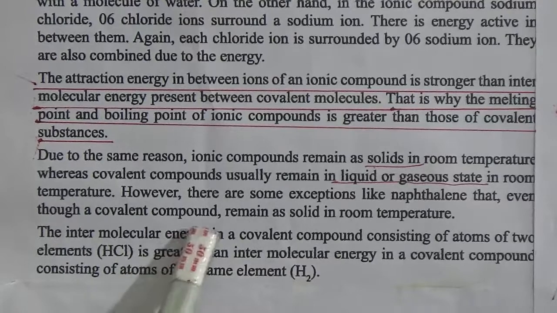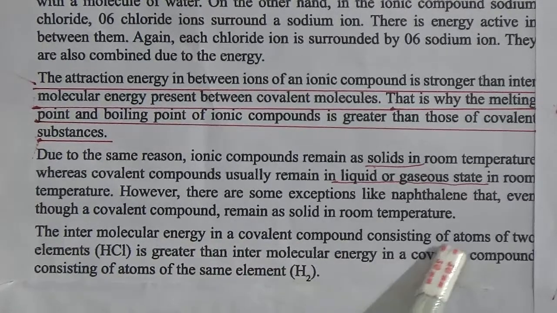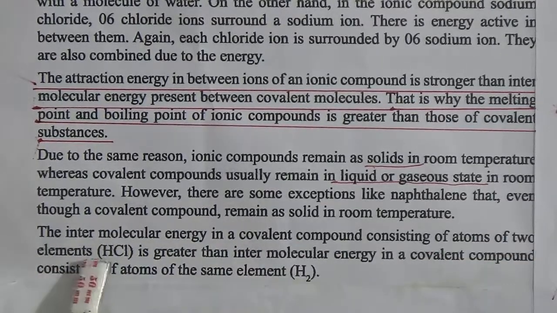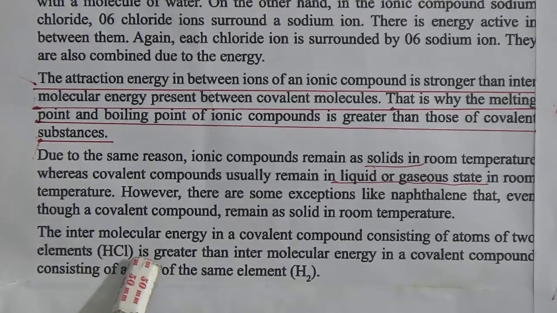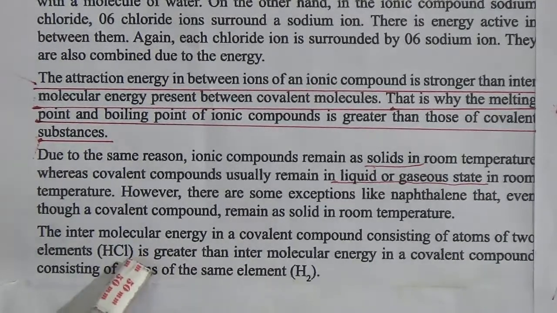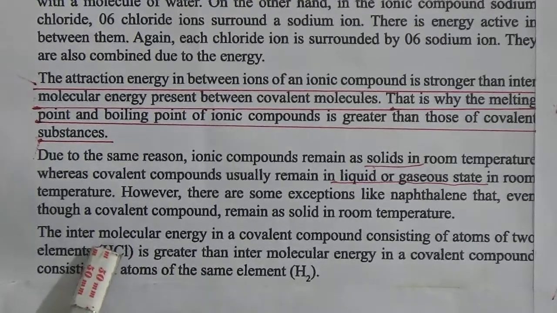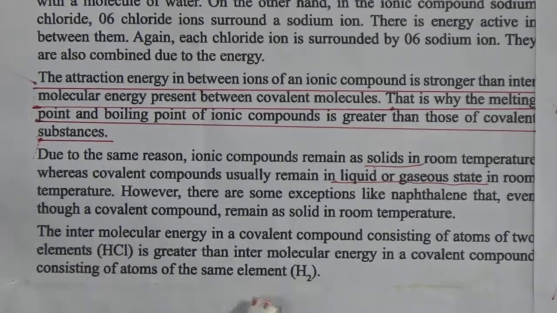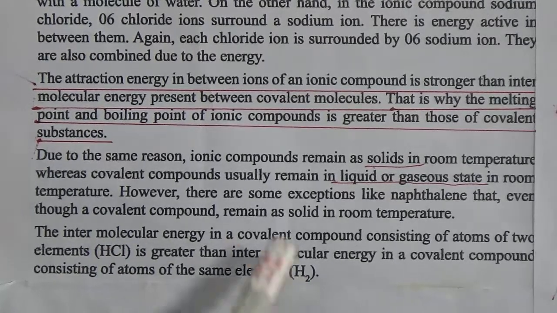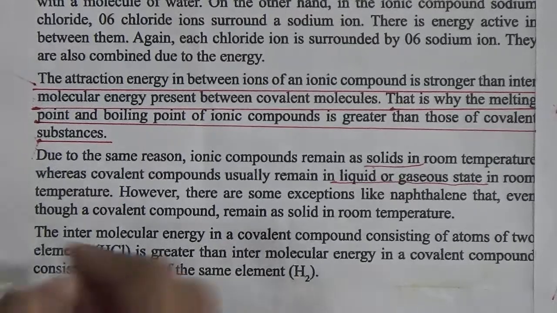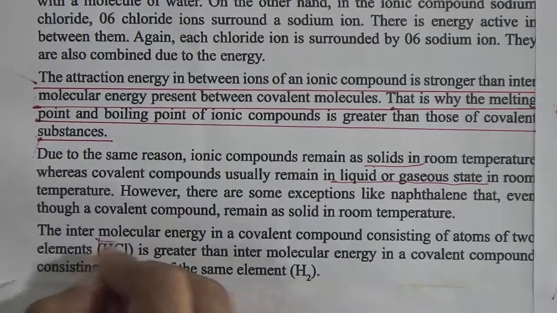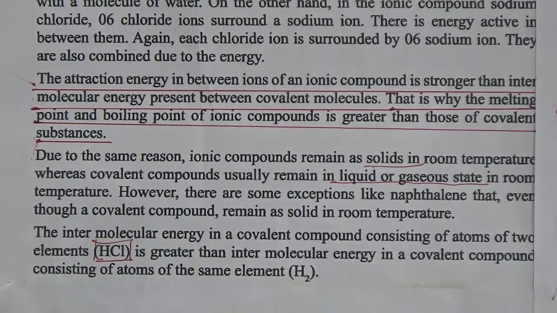Now consider intermolecular energy in a covalent compound consisting of atoms of two elements, hydrogen and chlorine. A covalent bond made between different types of elements is stronger than a covalent bond made between the same element. Hydrogen and chlorine are different atoms, and they make a covalent bond.